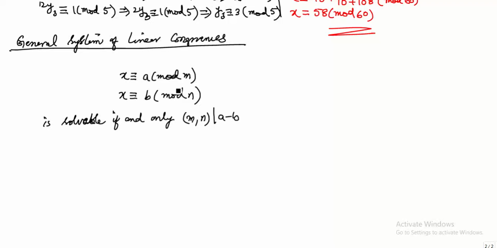And if we have more equations, then we have this condition pairwise. Whenever this system is solvable, it has a unique solution modulo the LCM of m and n.